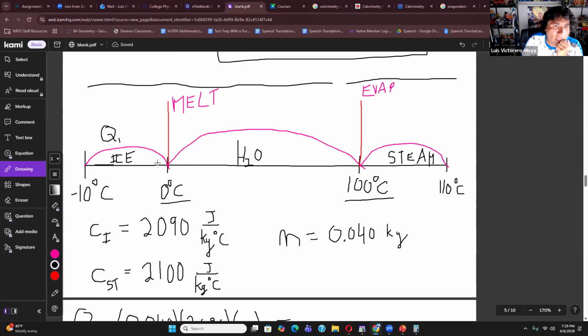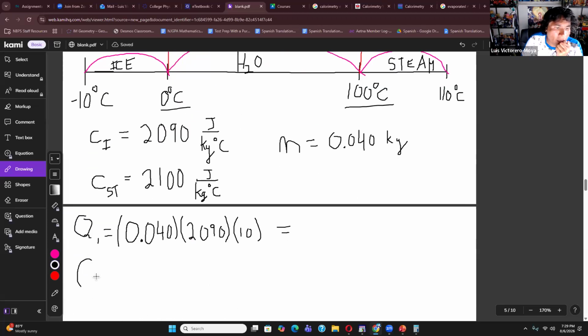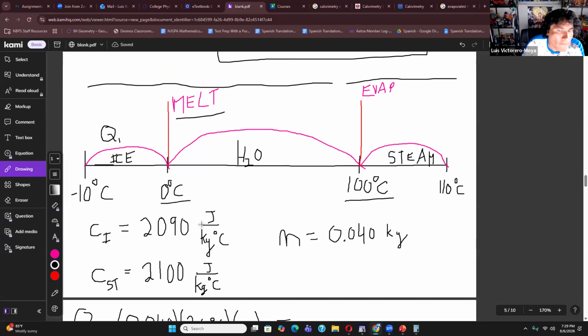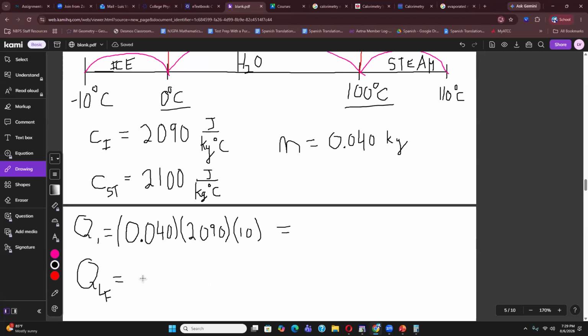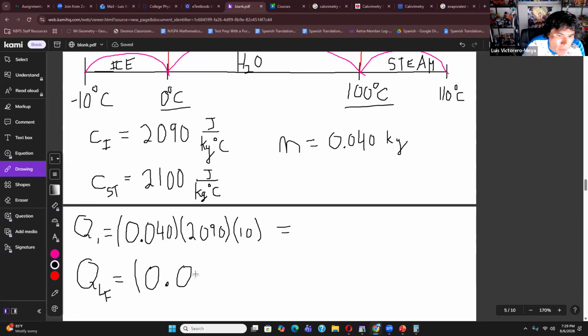And then the melting. How do I find the heat to melt? What's the equation for the phase change here? Mass times 3.33 times 10 to the 5. Very good. Again, somebody be calculating these values.